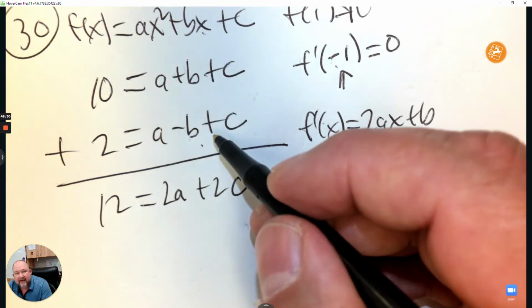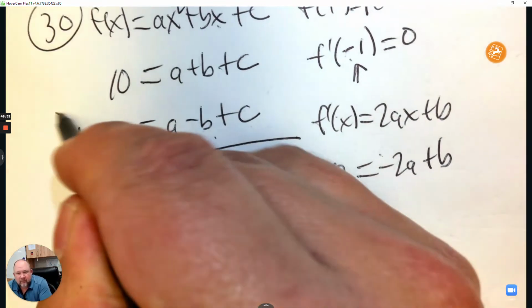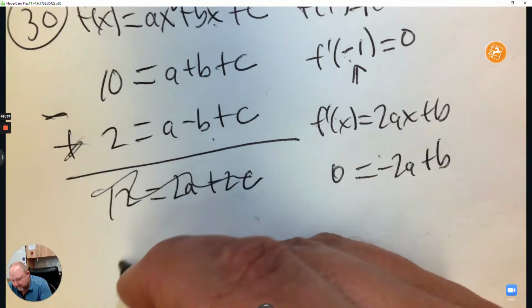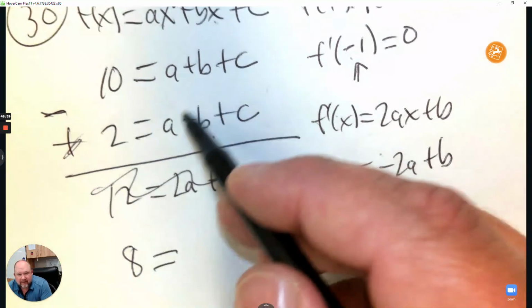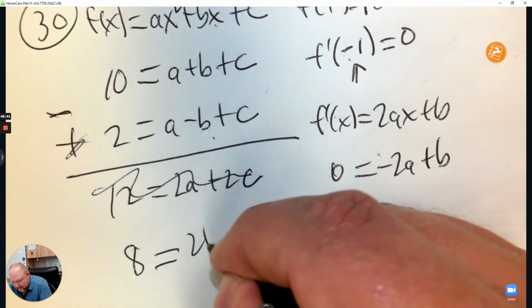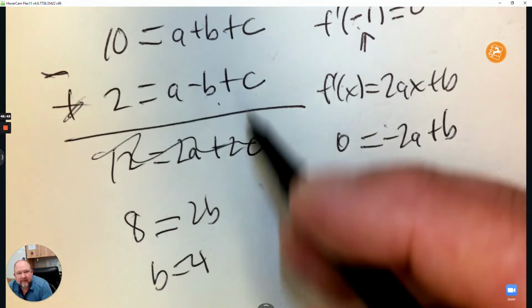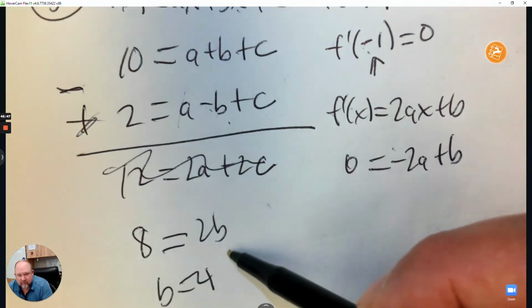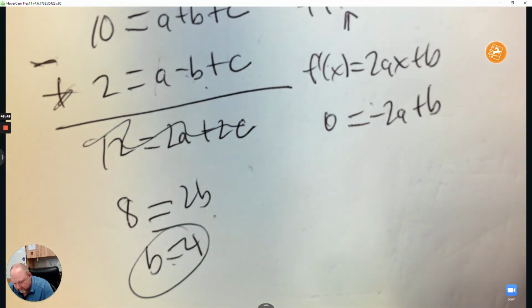Oh, wait a second. I added. If I actually subtracted here instead of added, I would have eliminated A and C. That's helpful. So I'm going to subtract. That gives me B is equal to 4. I think that's more helpful. So the A's and C's cross out. When you subtract a negative, it's 2B and divide. So now I know what B equals.